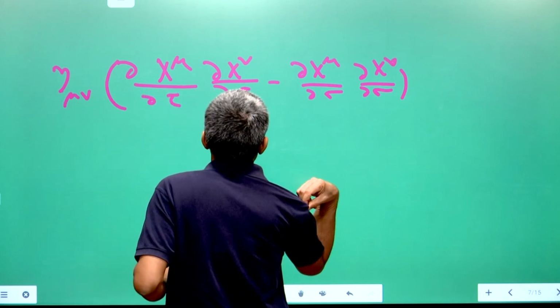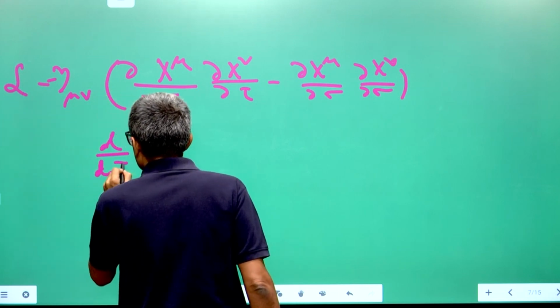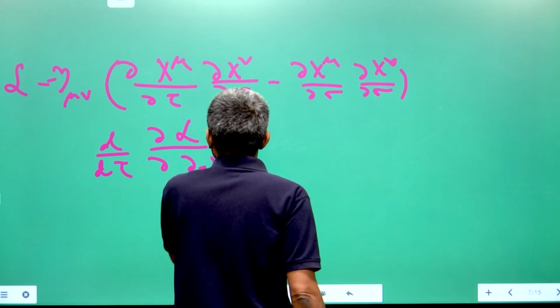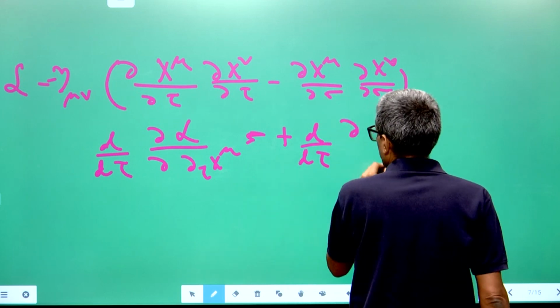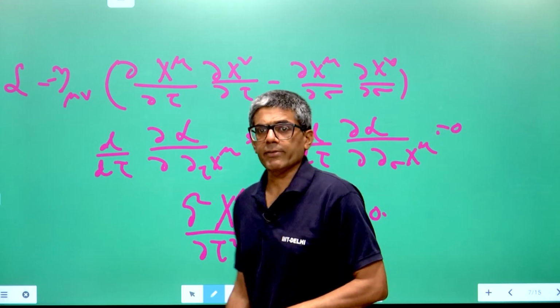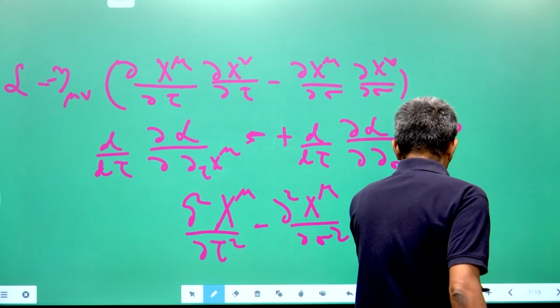If you write out the field equations, namely d by d tau of dou L by dou tau x mu plus d by d sigma of dou L by dou sigma x mu is equal to 0, then you get an equation of the form dou square x mu by dou tau square minus dou square x mu by dou sigma square equal to 0. Then you get a two-dimensional wave equation for the string coordinates.